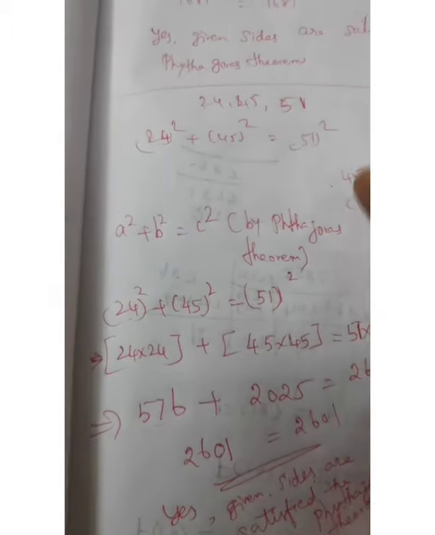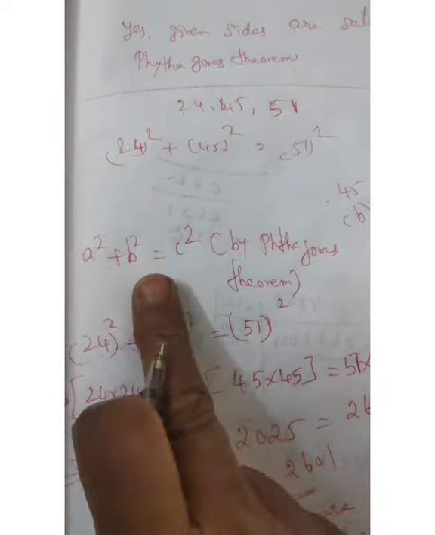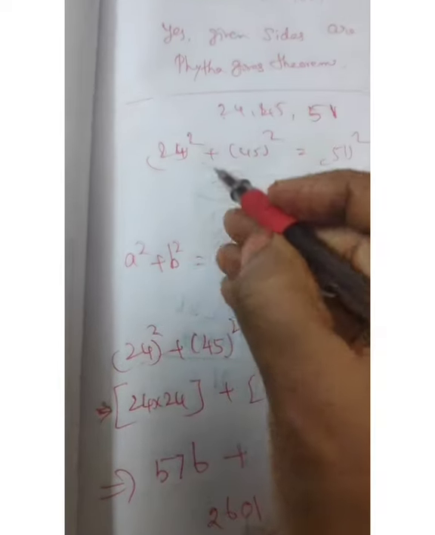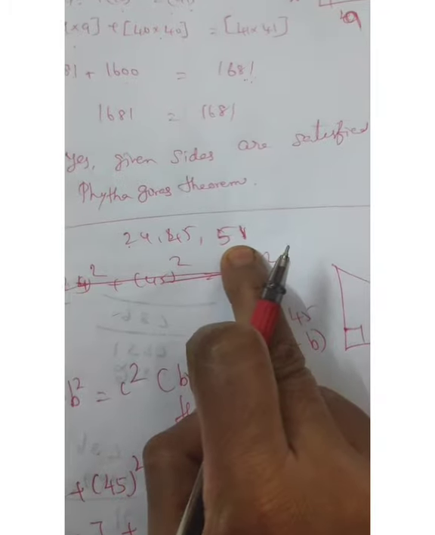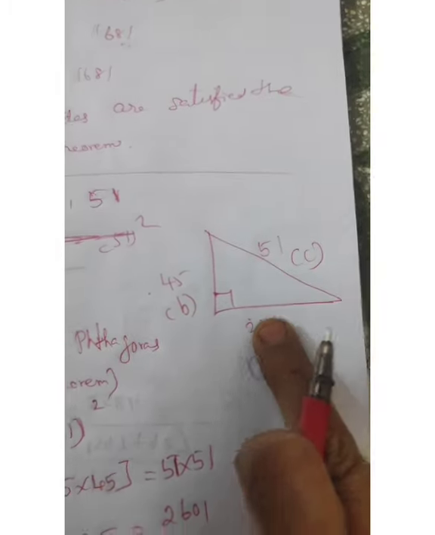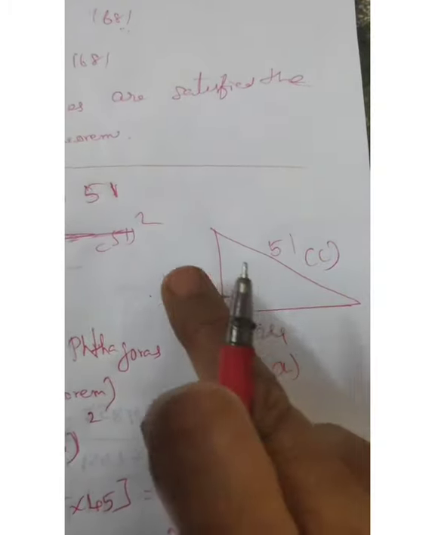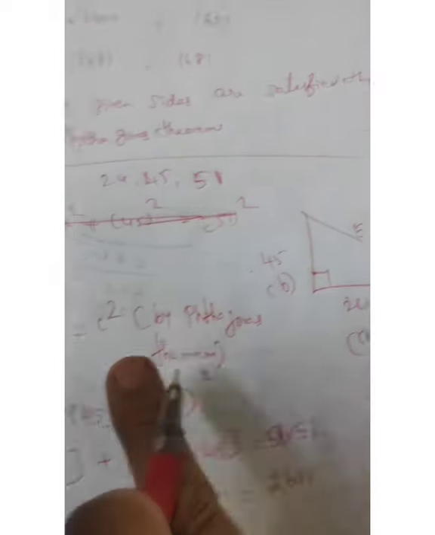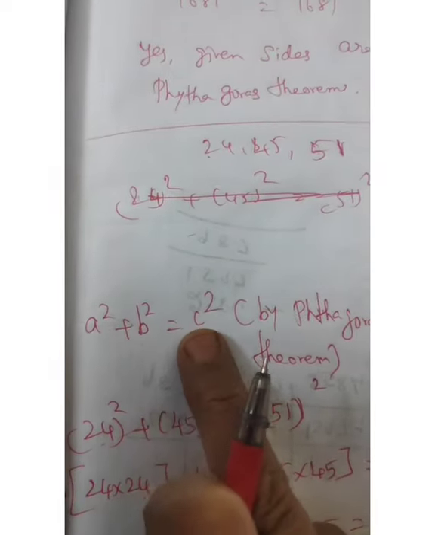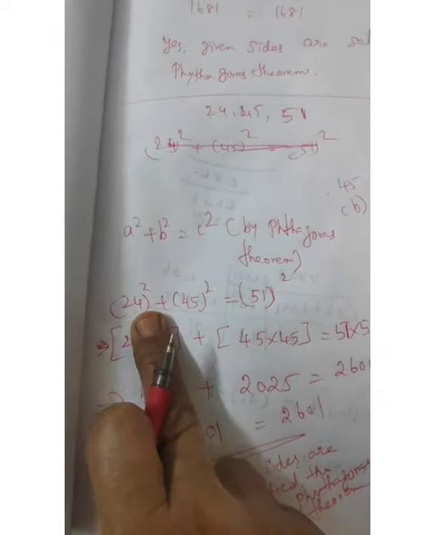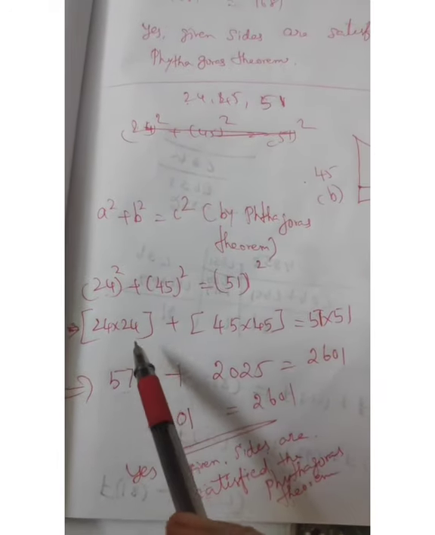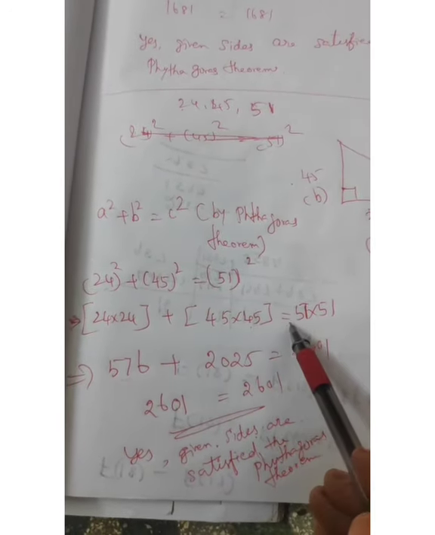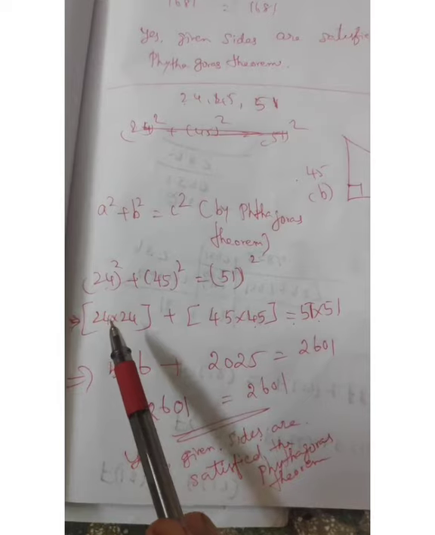These two sums are homework. Okay, one more time I will explain that. The last question, 24, 45, 51 is given. You draw a triangle. 51 there you write. 24, 45, A, B, C. A squared plus B squared equal to C squared by Pythagoras theorem you write, and substitute these values. 24 squared plus 45 squared equal to 51 squared. 24 into 24 plus 45 into 45 equals 51 into 51.